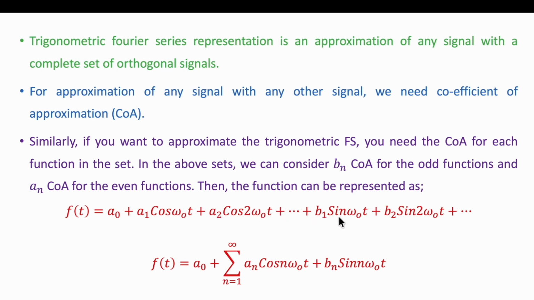For the odd components, sine 0 is 0, so 0 multiplied by B0 gives 0, and you don't need to write that component. So we start from B1 sine omega naught t and B2 sine 2 omega naught t, and so on.